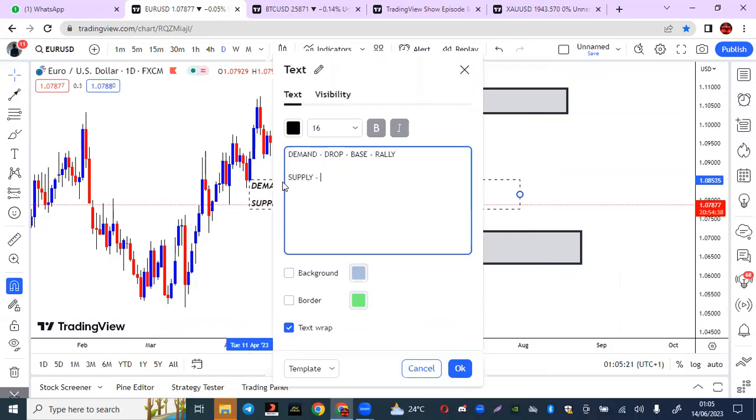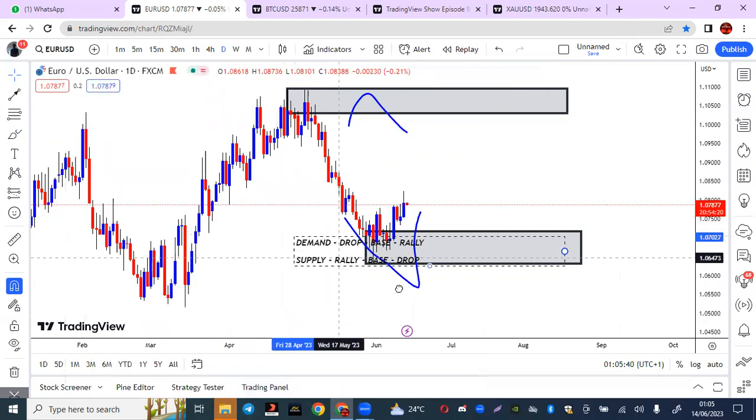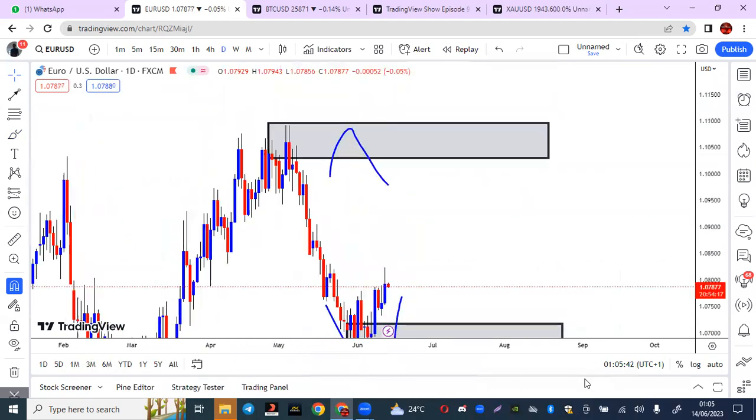For supply, we have rally, base, drop. So the price comes here, rallies up, forms a base at the top, and then drops.